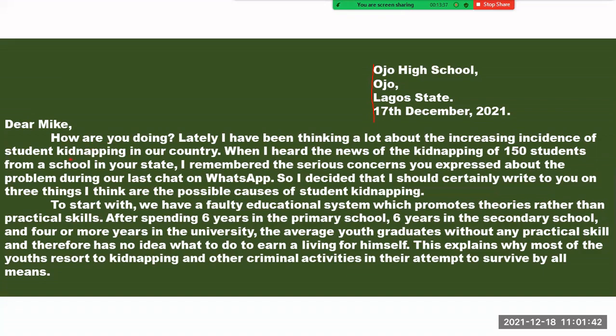Now, let me read that first paragraph. Dear Mike, how are you doing? Lately, I've been thinking a lot about the increasing incidence of student kidnapping in our country.